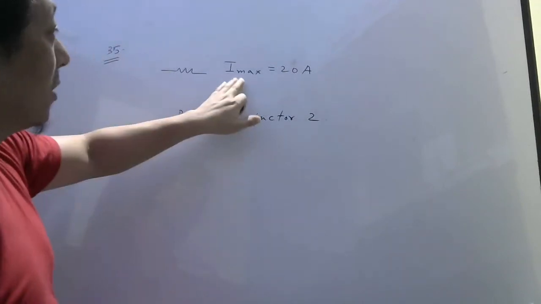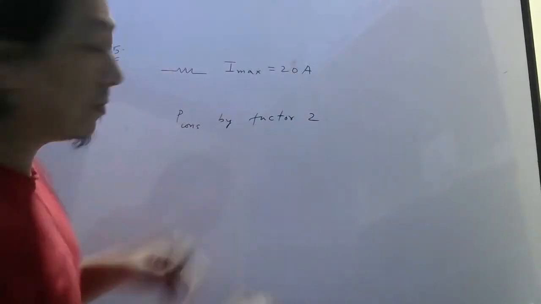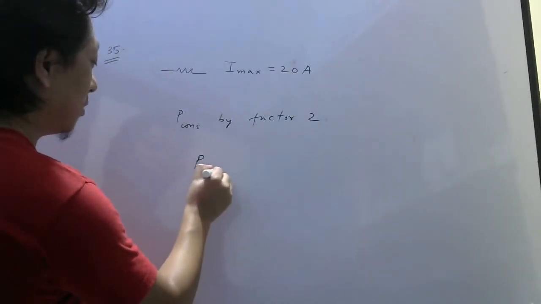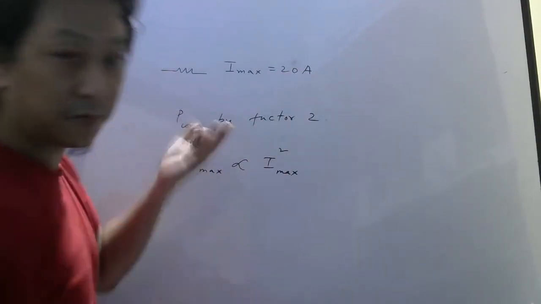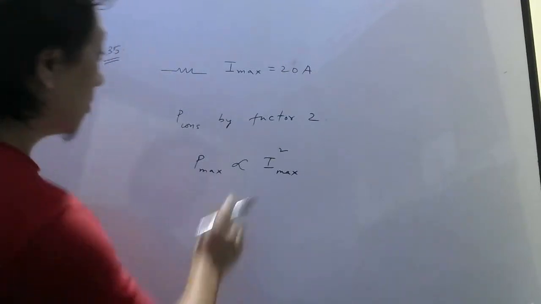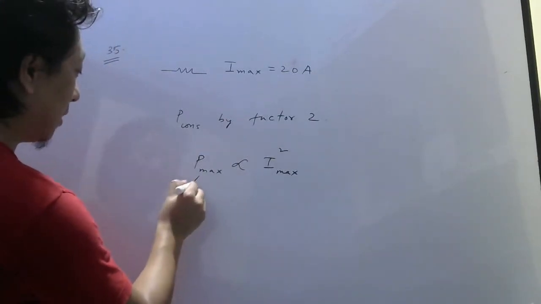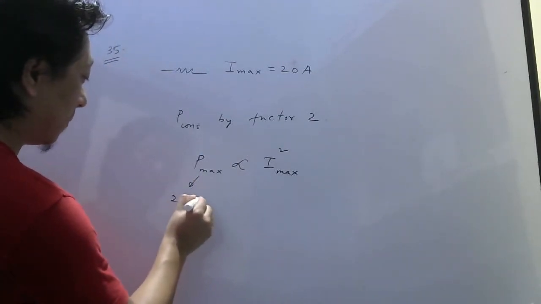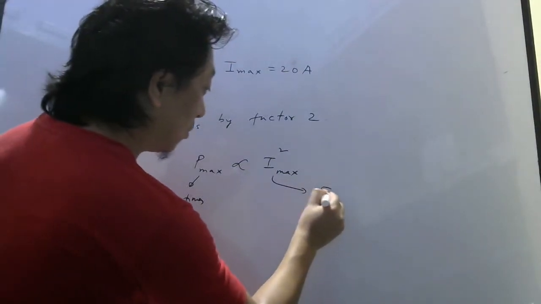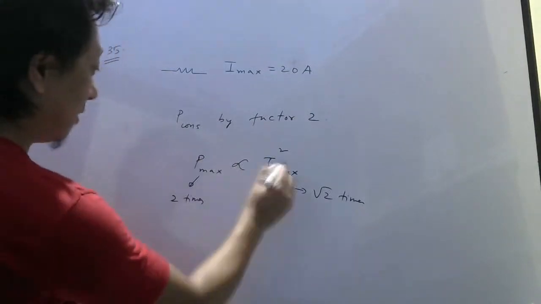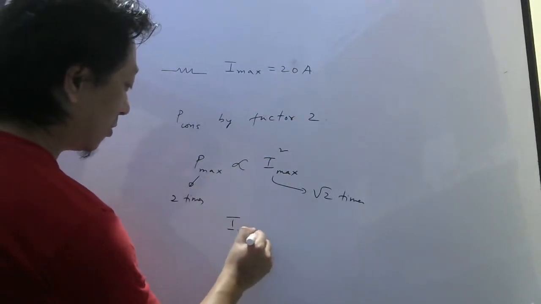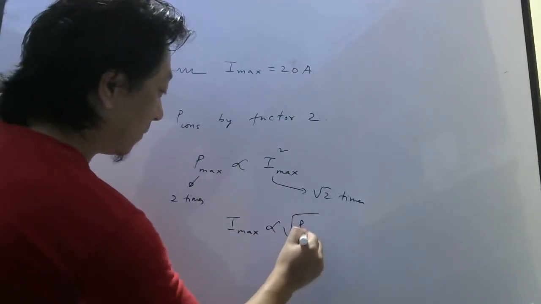So by what factor will maximum current increase? Simple, we know the maximum power consumed should be proportional to I square maximum in this problem because current is mentioned. So if power increases by 2 times, current must increase root 2 times because there is a square here, right? The same thing I can write: I max is proportional to root of power.